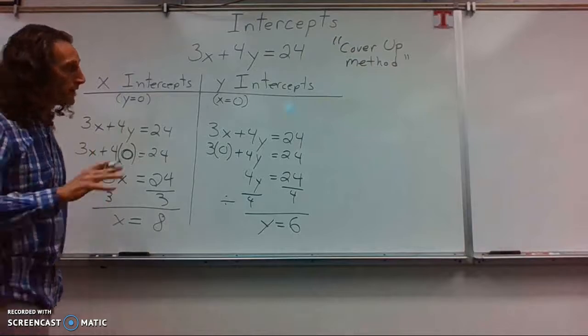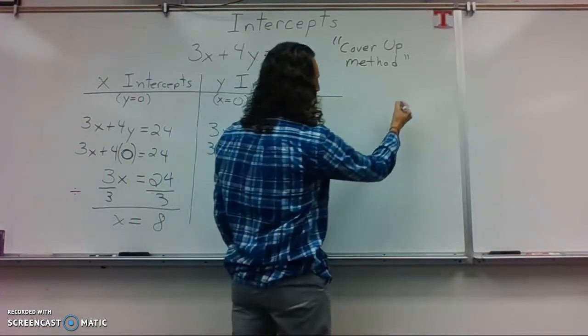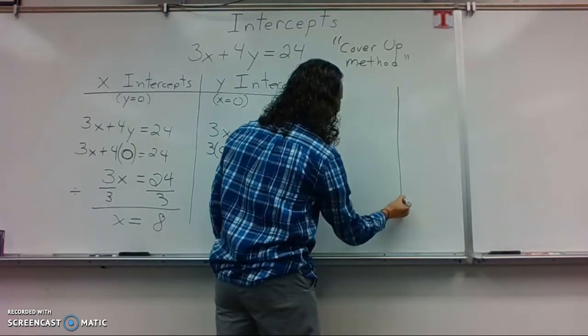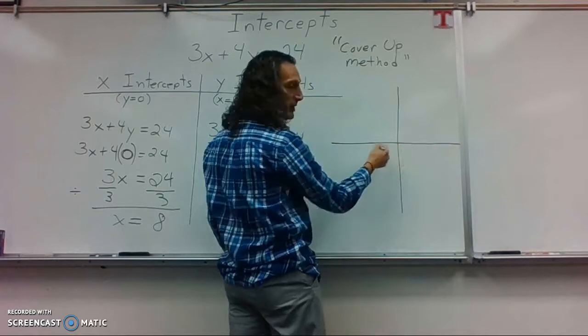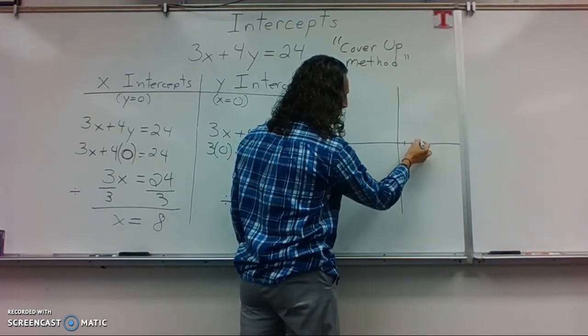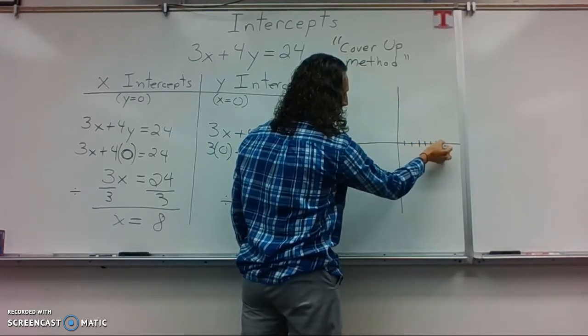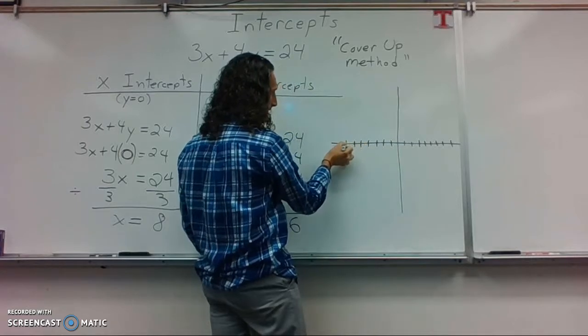All right, so over here in this little space, I'm going to create a coordinate plane. It's going to be a little bit closer together, so hopefully you can be able to see this. So 1, 2, 3, 4, 5, 6, 7, 8. 1, 2, 3, 4, 5, 6, 7, 8.